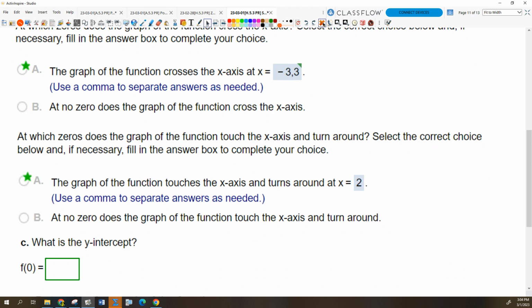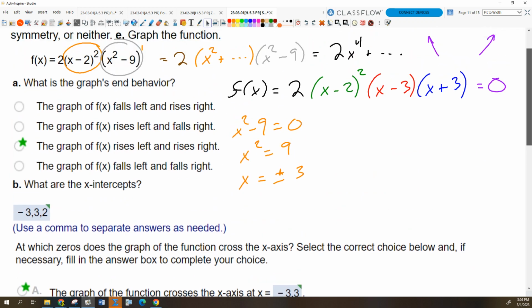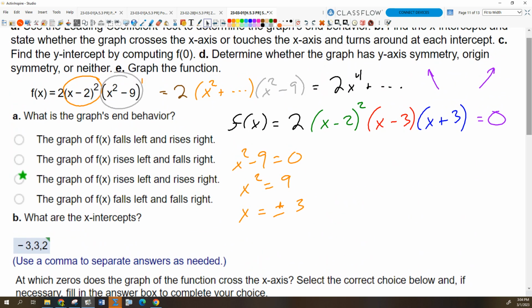Okay. How would I find the y-intercept? Yeah, what happens at the y-intercept? X is 0. Right, so the y-intercept is just going to be f of 0, isn't it? Right, so if we find f of 0, well, what do we get from our function if we plug 0 in?